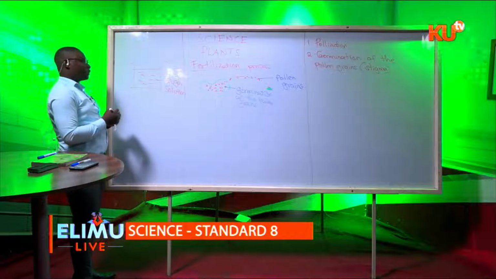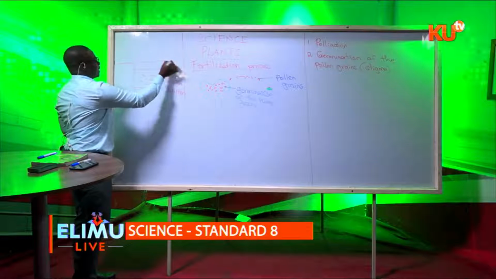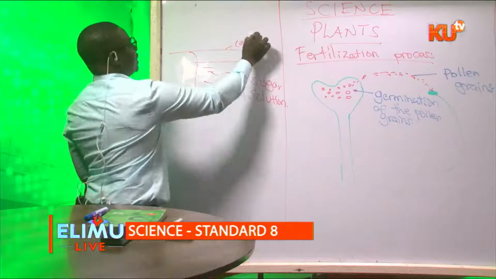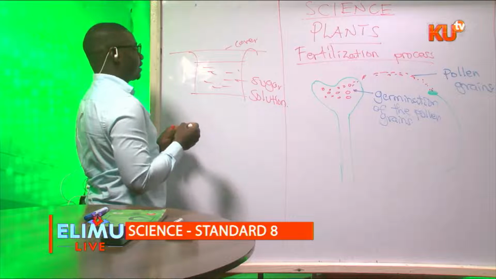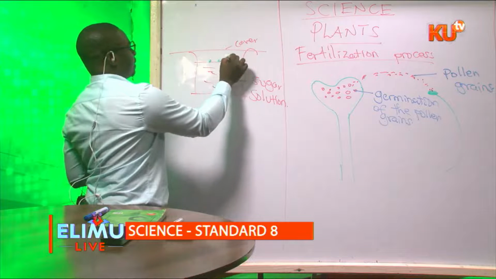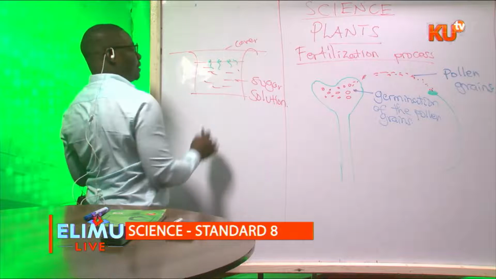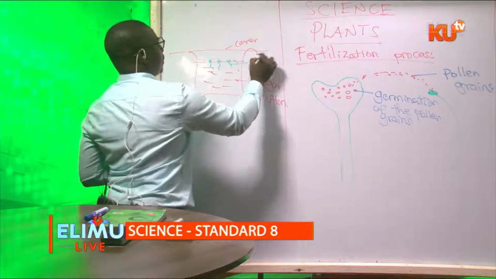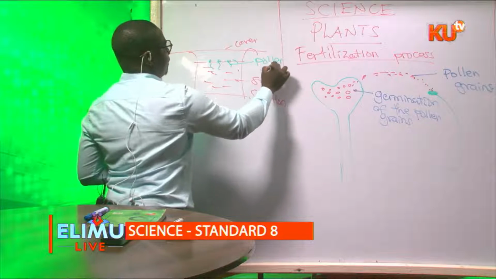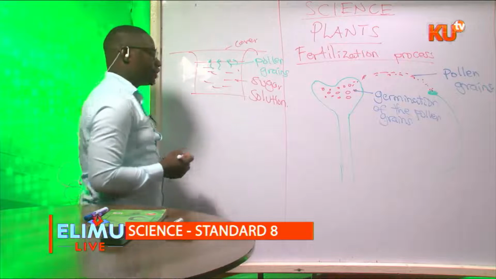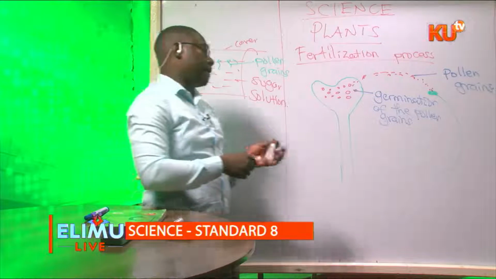The sugar will dissolve in the water. Then you cover it, and then you drop some pollen grains here. They will start to germinate. That is how we can investigate that. So germination of the pollen grains, that is our step number 2.